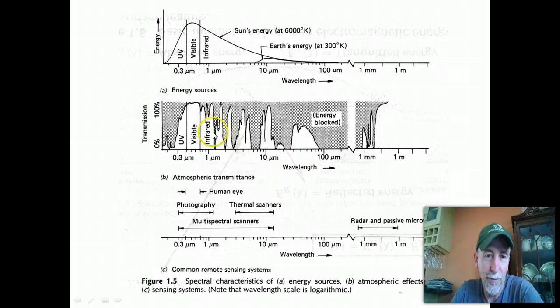And there are different parts of the spectrum that are transmitted, and so these selective windows, they're selected by the characteristics of the atmosphere, a quote-unquote clear atmosphere. These selective windows are the wavelength locations on the spectrum where we do have access to energy to be able to sense it.